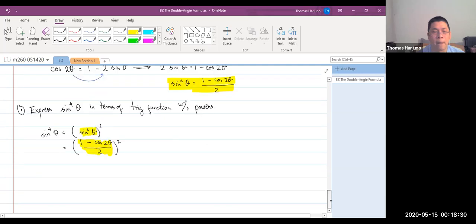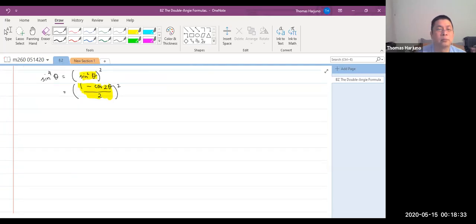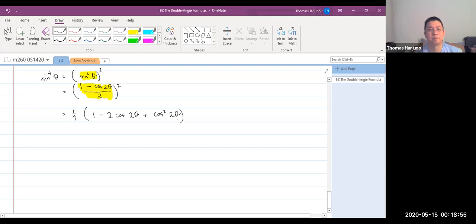Let me take the half squared out, becomes 1/4, and I will FOIL the numerator. So 1 minus 2 cosine 2 theta plus cosine squared 2 theta. However, we are fine with the first and second terms, no more powers, but we still have a power here.